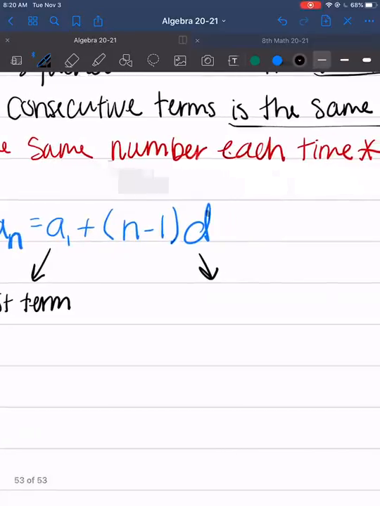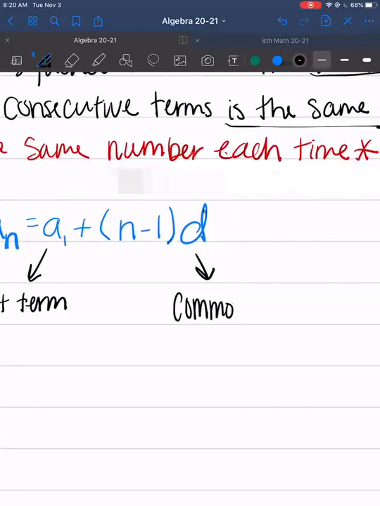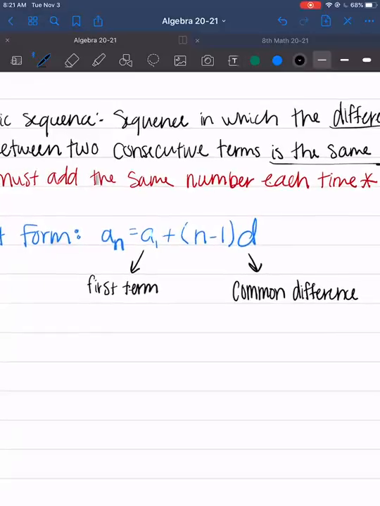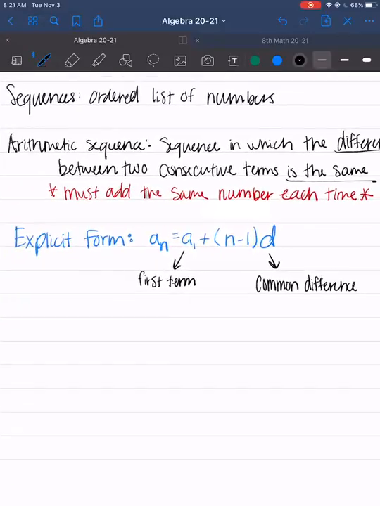This is the common difference. So that's explicit form. It may not make complete sense until we look at an example, but we're building the foundation of the definitions.